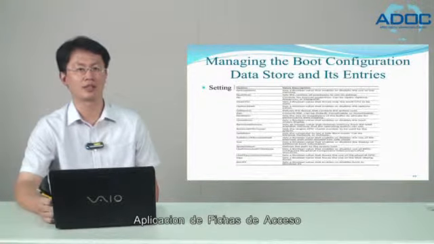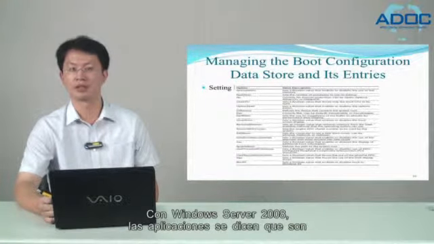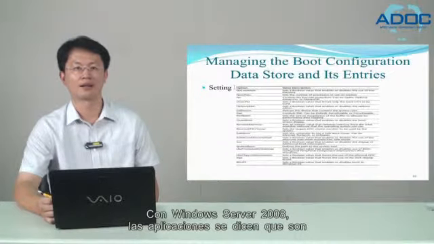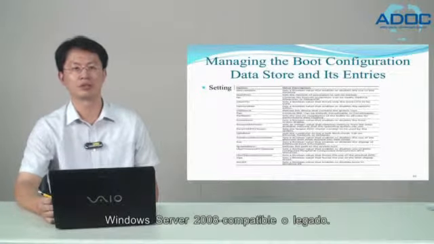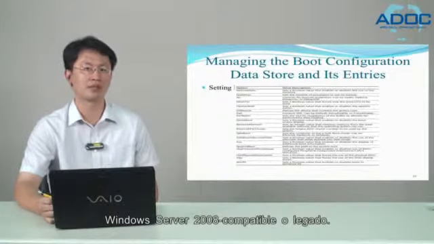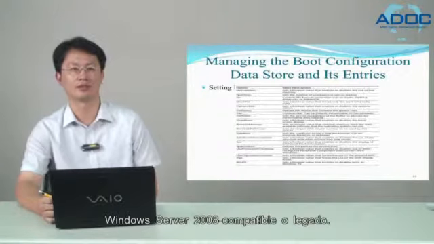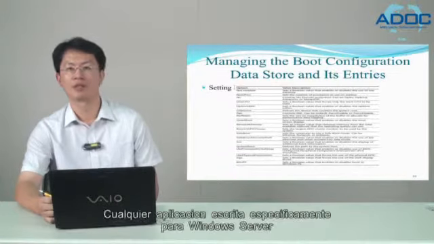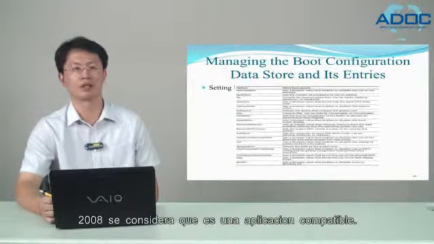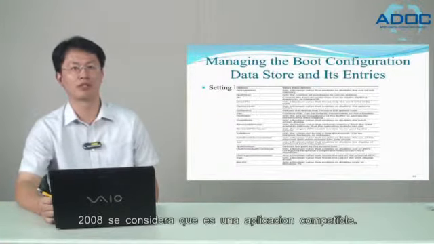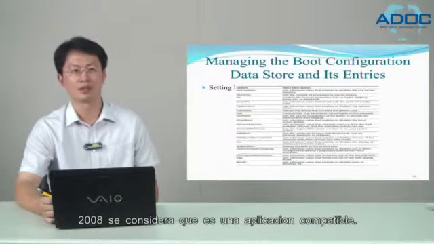Application access tokens with Windows Server 2008 applications are said to be either Windows Server 2008 compliant or legacy. Any application written specifically for Windows Server 2008 is considered to be a compliant application.